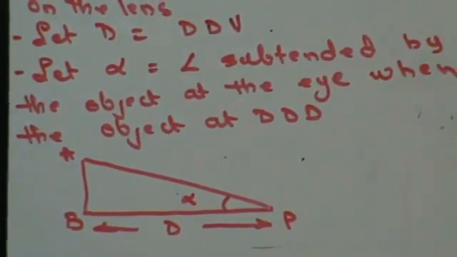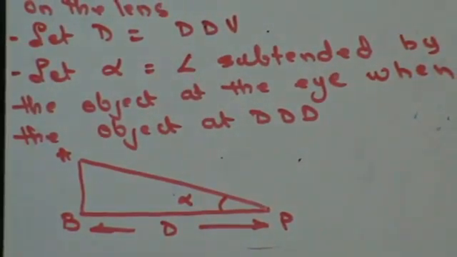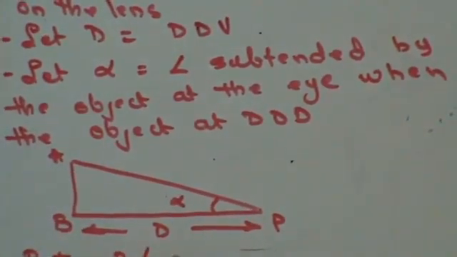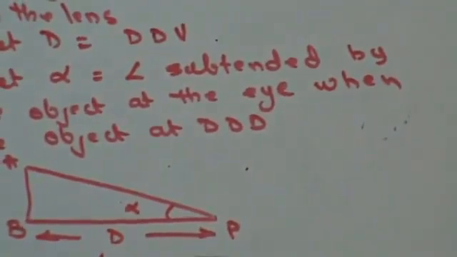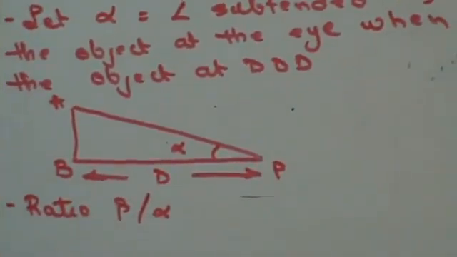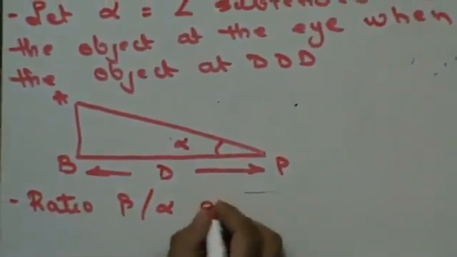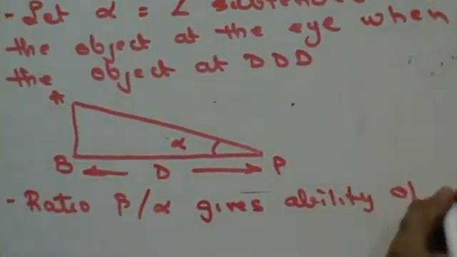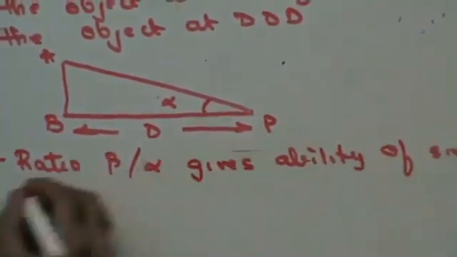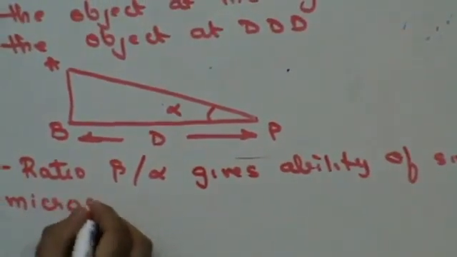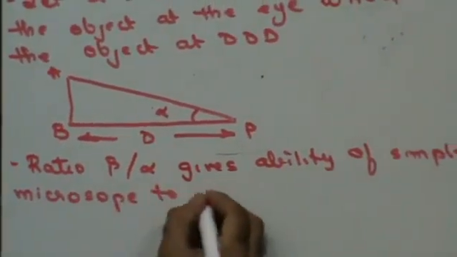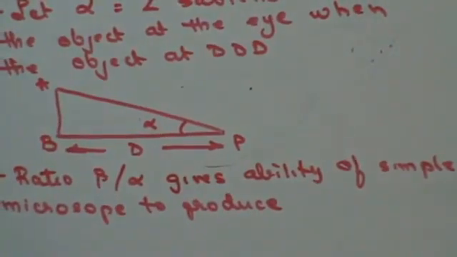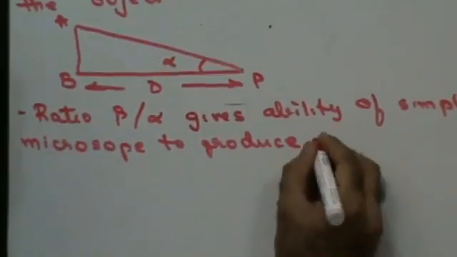Then the ratio beta upon alpha gives the ability of the simple microscope to produce magnification of an object.